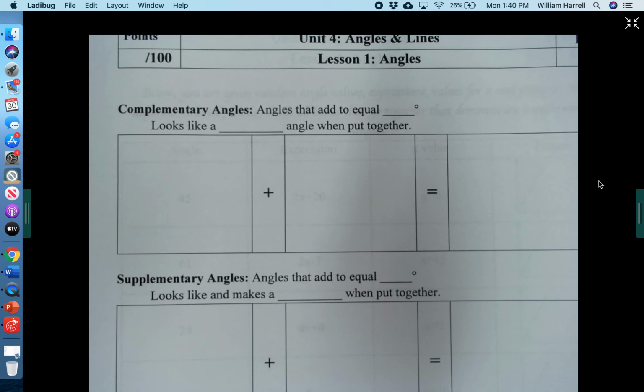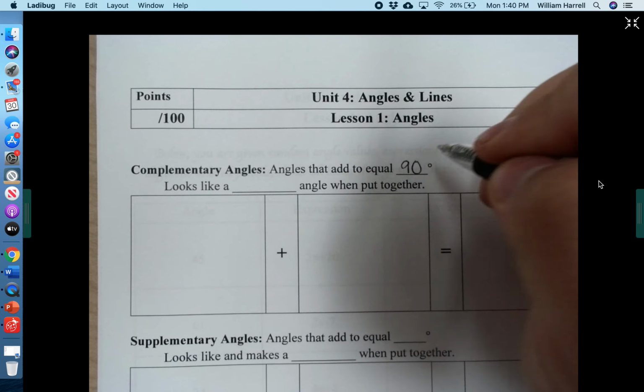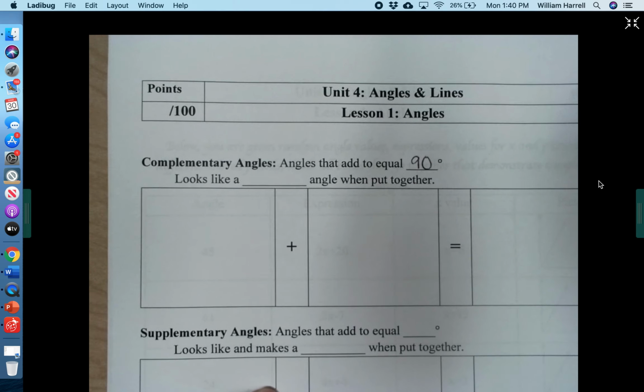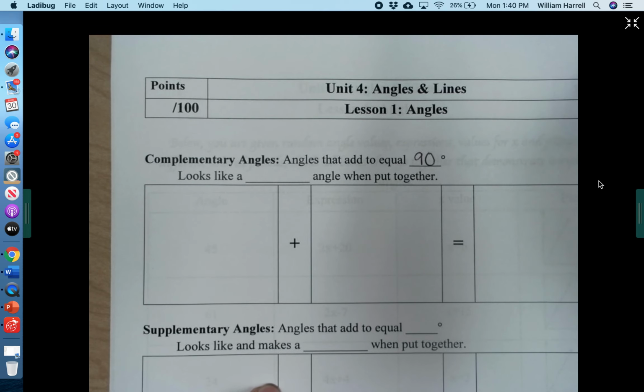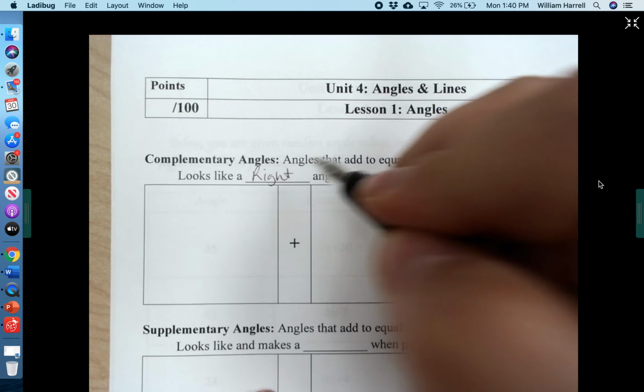Alright, so complementary angles are two angles that add to equal 90 degrees. Okay, so it looks like a right angle when you put them together.